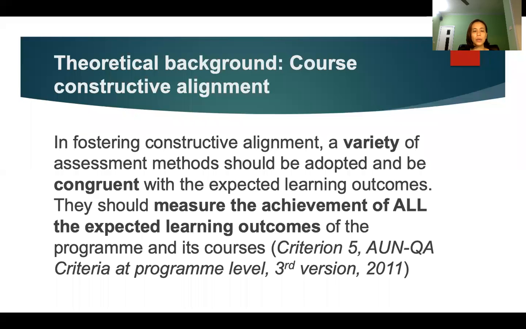One of the AUN QA criteria states that in fostering constructive alignment, a variety of assessment methods should be adopted and be congruent with the expected learning outcomes. They should measure the achievement of all the expected learning outcomes of the program and its courses.